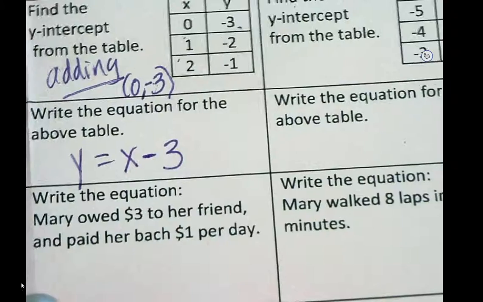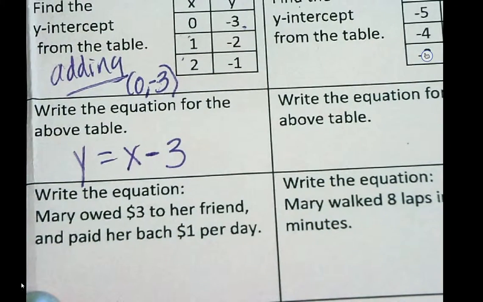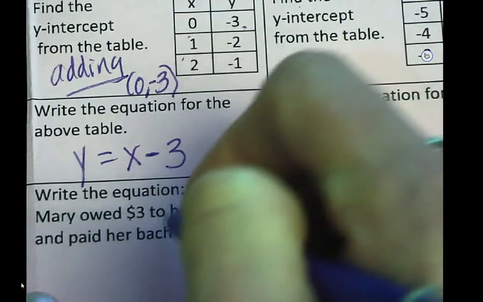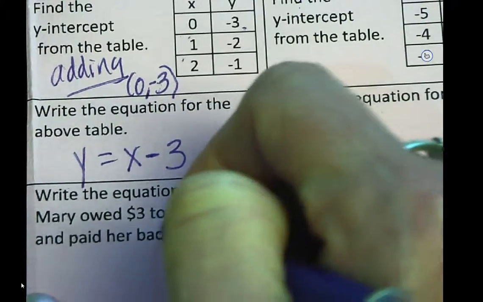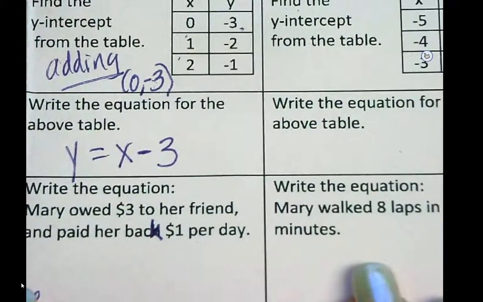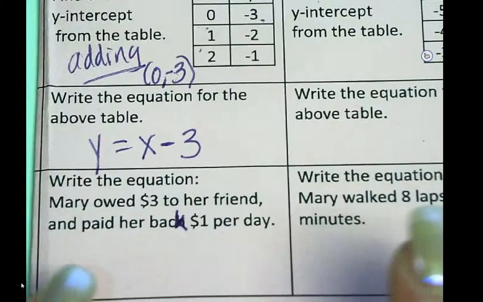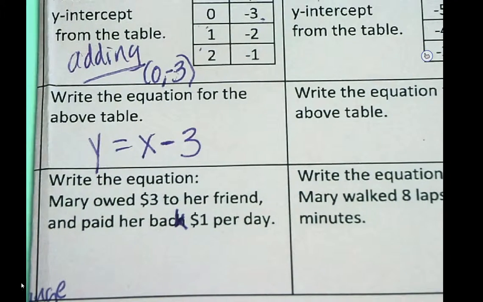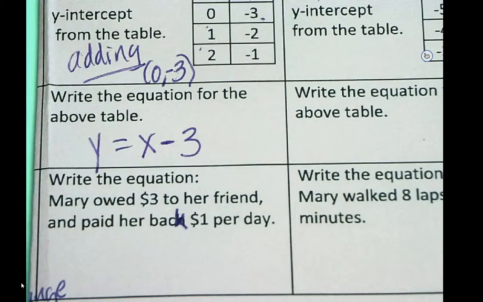Mary owed $3 to her friend and paid her back $1 per day. So is this proportional or additive? It's additive because we have two things happening. She has $3 already, and it's $1 per day. So she starts out by owing her friend how much? $3.